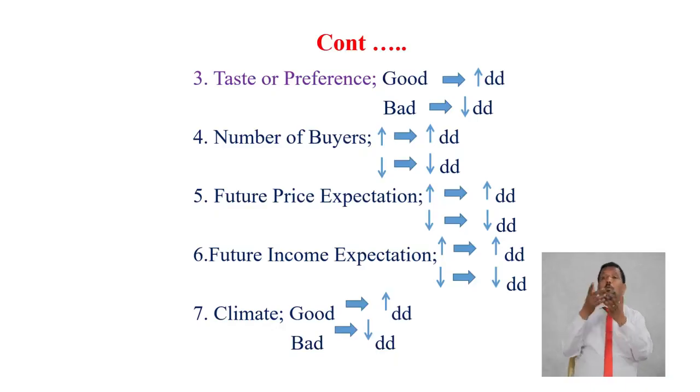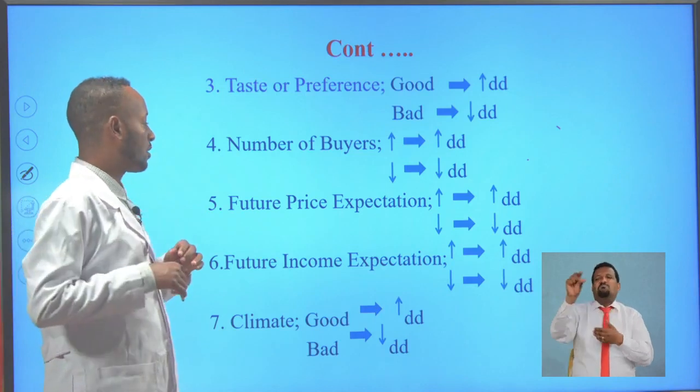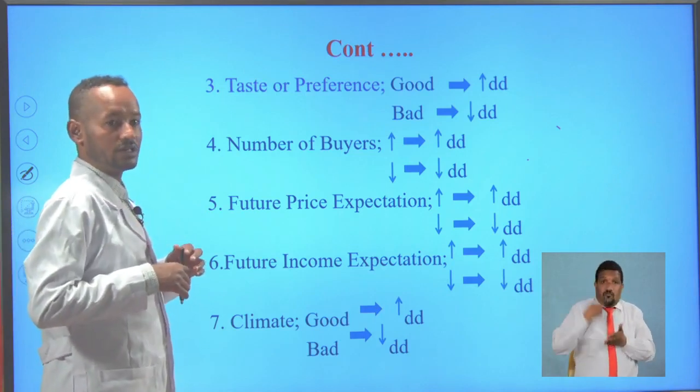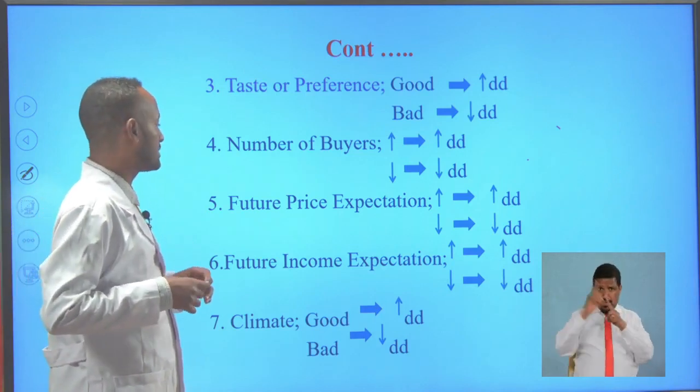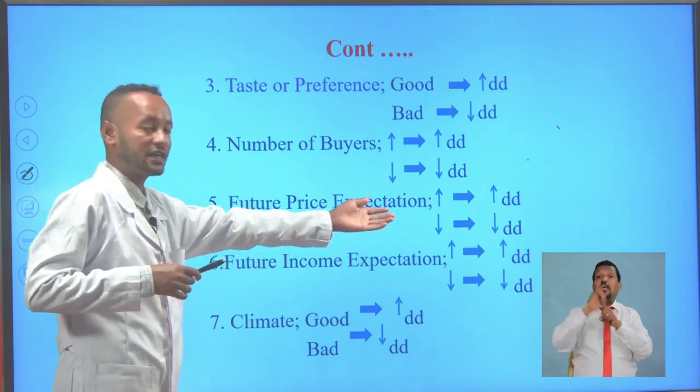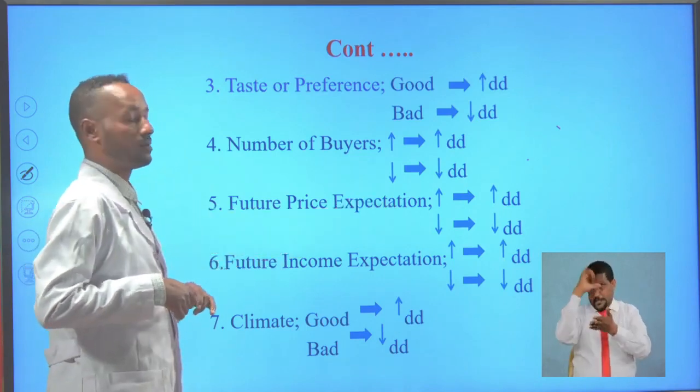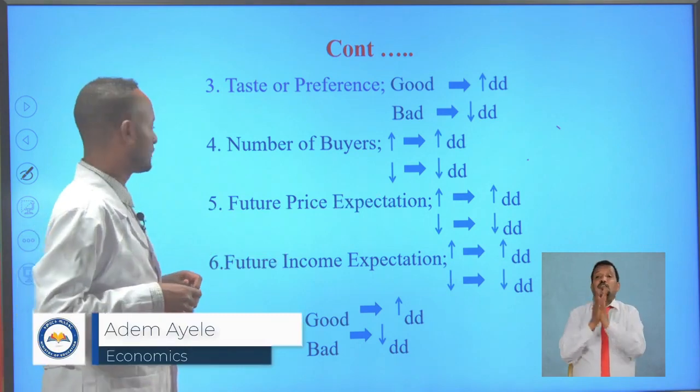Another determinant is future price expectation. If you expect higher prices in the near future, then you will buy more of a commodity now, and if you expect lower prices in the near future, then you will buy less of a commodity now. So there is a direct relationship between the changes in the direction of future price expectation and the demand for a commodity.